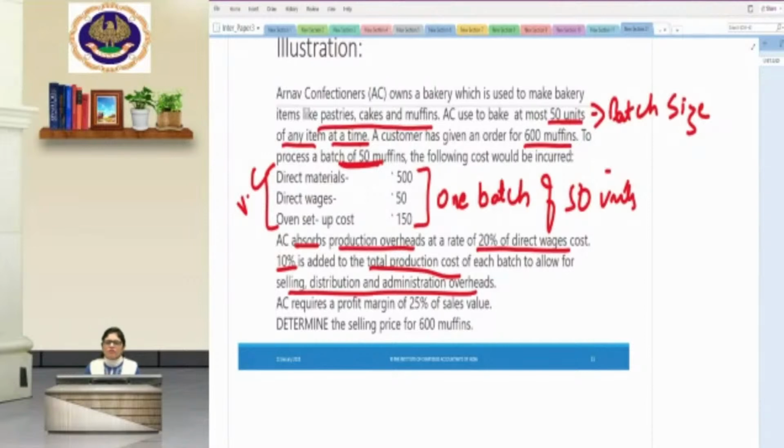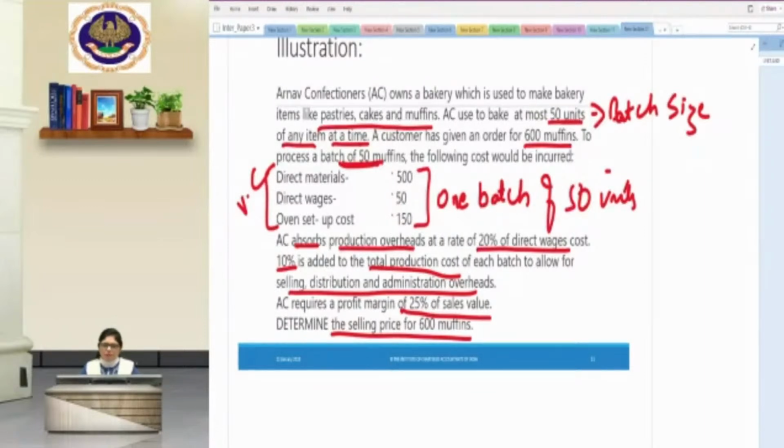Selling, administration and distribution overheads are absorbed on the basis of 10% of total production cost. Clear? Then 25% of sales value. So determine the selling price for 600 muffins.